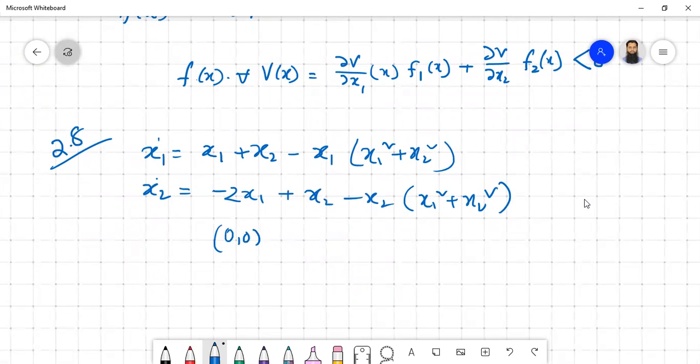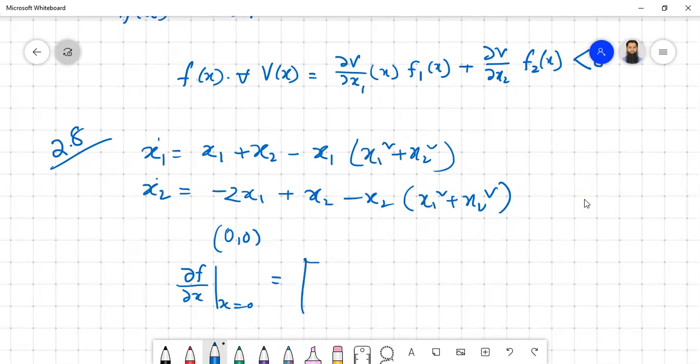We can also find the corresponding values. We know how to find the equilibrium point, isn't it? So the next thing is finding the Jacobian matrix at 0, that is del f by del x at x equal to 0.